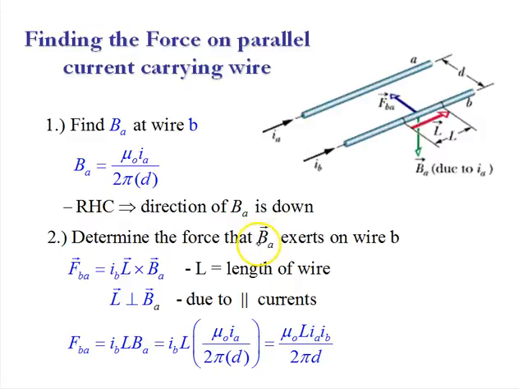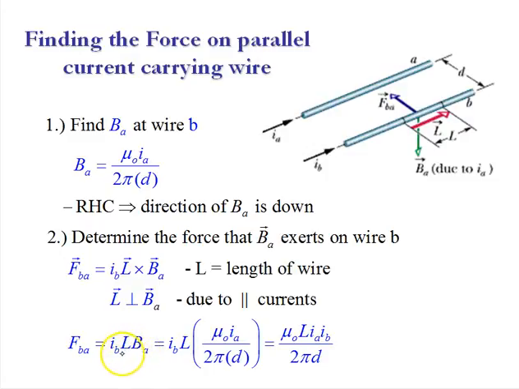Then we determine the force that this magnetic field BA exerts on wire B, and we can use our IL cross B. L is the length of this wire, and because these two wires are parallel, that L is perpendicular to our magnetic field B. And so then we can find the magnitude of the force.